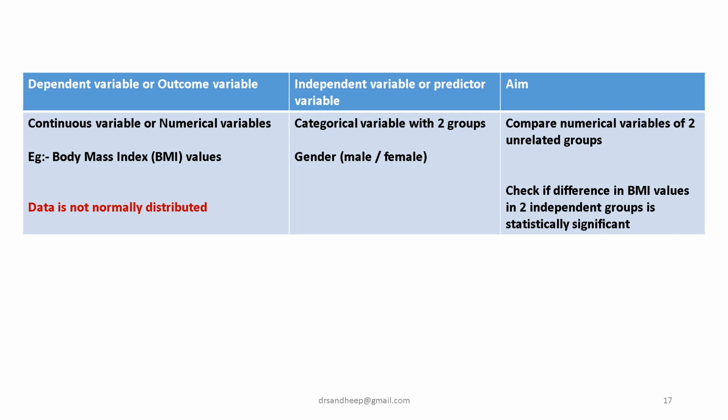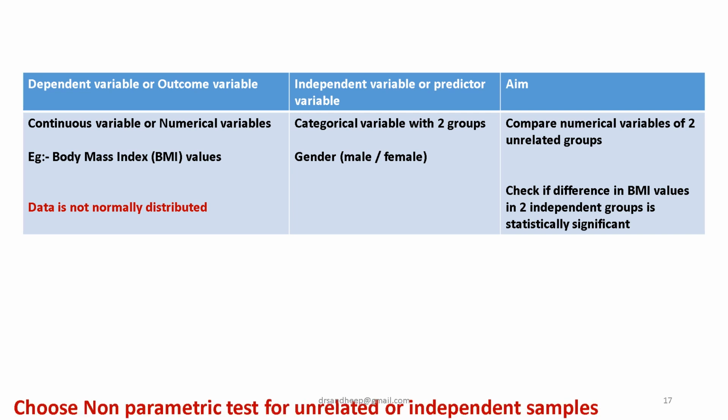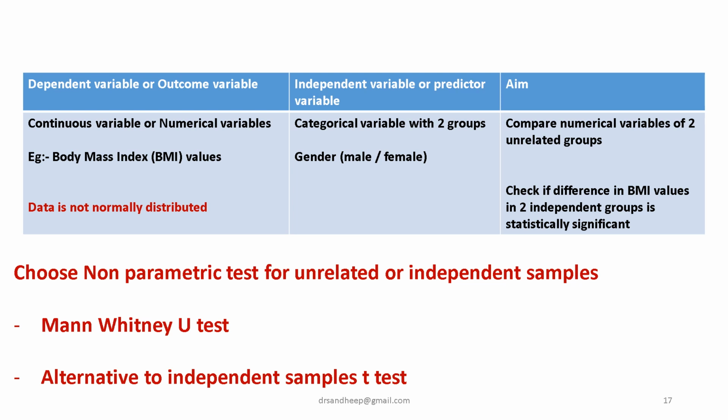Check if the difference in BMI values in two independent or unrelated groups is statistically significant. Data is not normally distributed, so we cannot apply the independent sample t-test. We have to look for the non-parametric alternative of the independent sample t-test, that is the Mann-Whitney U-test. Choose the non-parametric test for unrelated or independent samples, Mann-Whitney U-test. It is the alternative to the independent sample t-test.